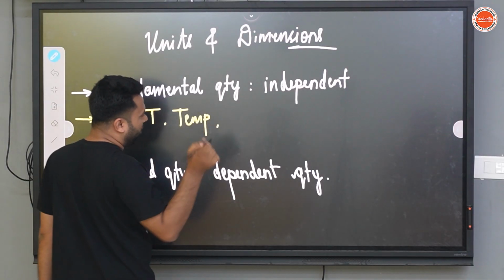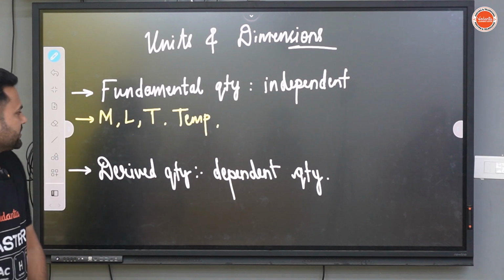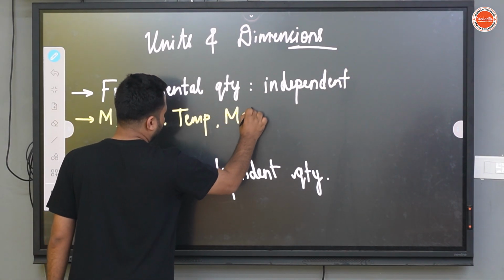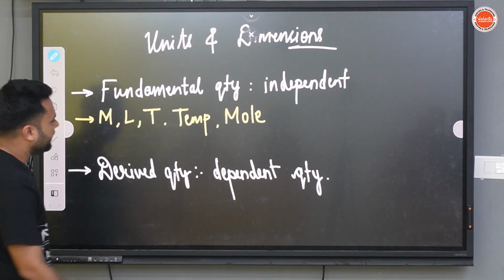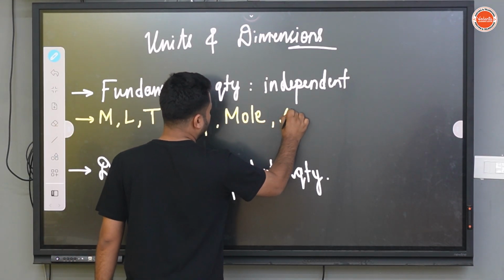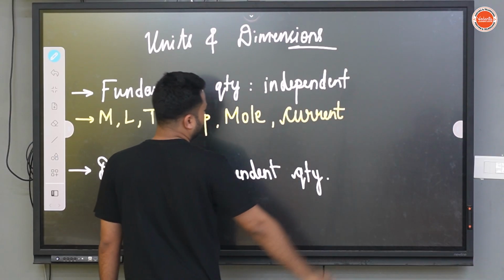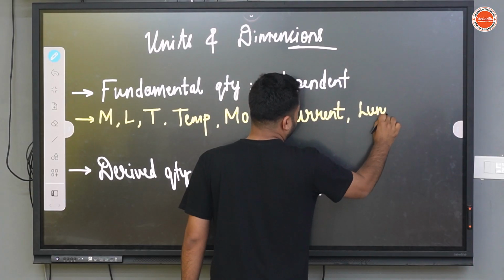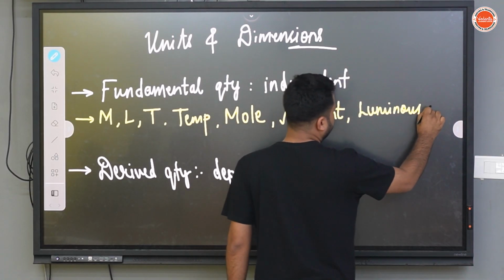Then we have amount of substance. What is the SI unit of amount of substance? Moles. 5th. Then we have current. And then the last, luminous intensity.